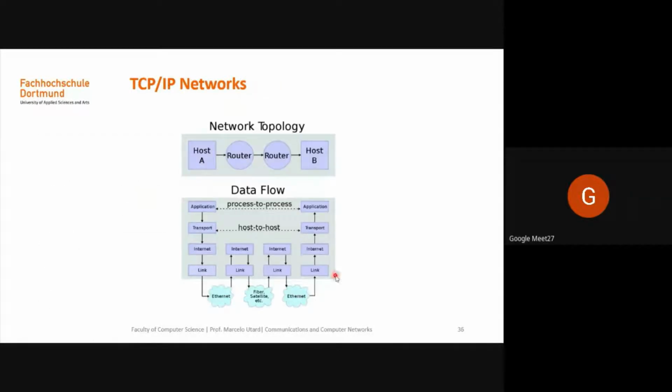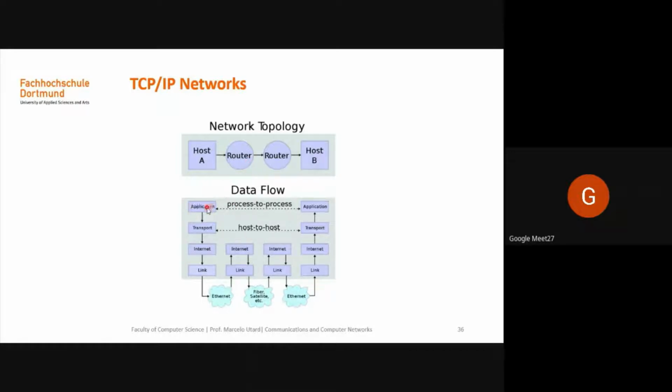And this is a typical network topology. In TCP/IP networks, we talk about hosts when we talk about the end systems. The intermediate systems could be switches, hubs, or typically routers. The routers are the intermediate systems that work at the internet level.